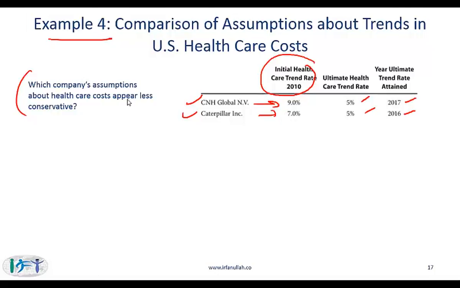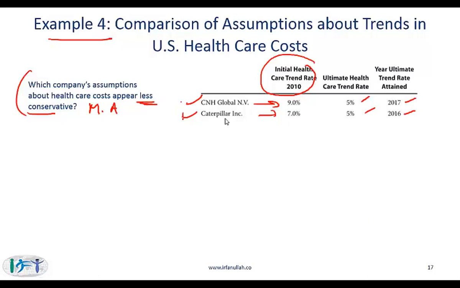This is now testing your basic concept. Which company, CNH or Caterpillar, which company's assumptions about healthcare costs appear less conservative? When you see less conservative, you can also see this as more aggressive.